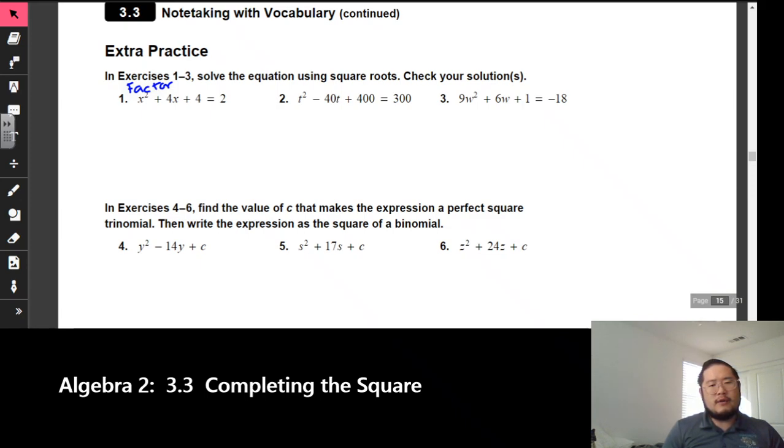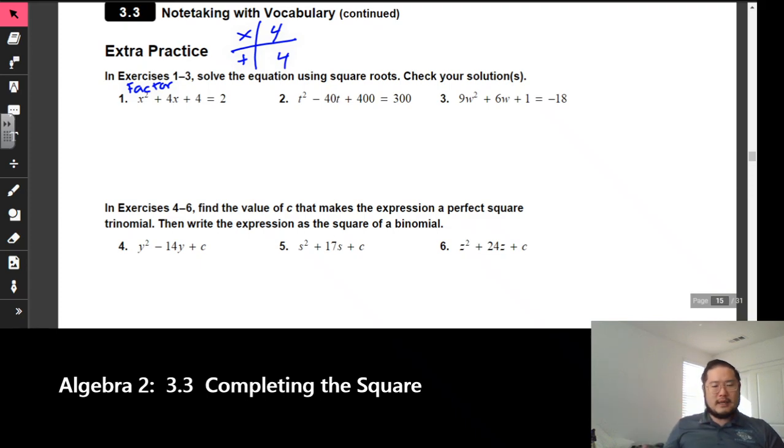Remember, what are factors of the c term that add up to the b term? Before, we had our little box where I put factors first, add on bottom. So multiples of 4 that add up to 4.